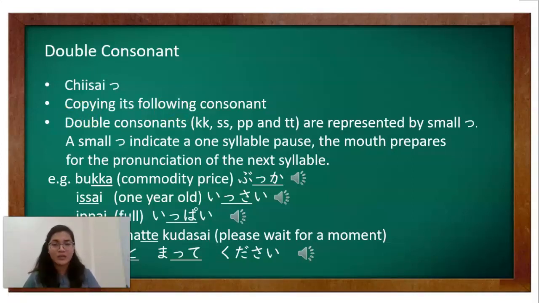So when we say double consonants, it could be KK, SS, PP, or double T, represented by a small tsu. A small tsu indicates a one-syllable pause, so the mouth prepares for the pronunciation of the next syllable. Just like these examples. ぶっか。一歳。一杯。ちょっと待ってください。 Okay, do you get it?